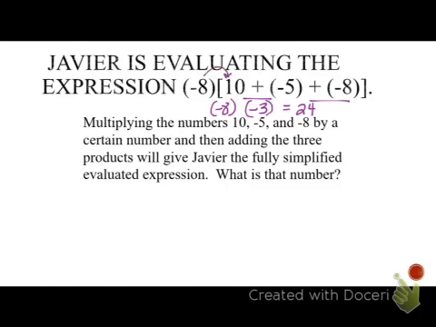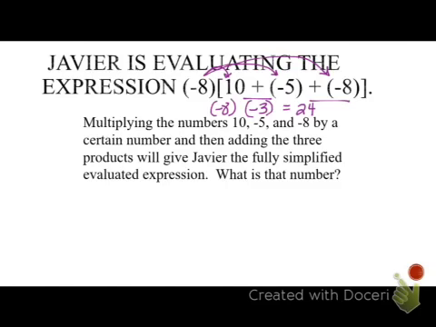Negative 8 times 10 will give you negative 80. Negative 8 times negative 5 will give you positive 40. And negative 8 times negative 8 will give you positive 64.